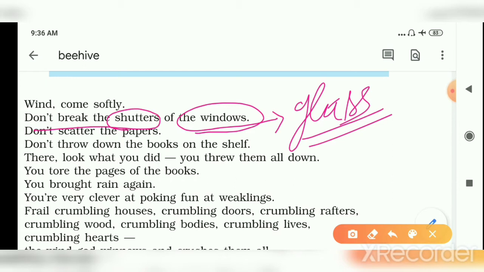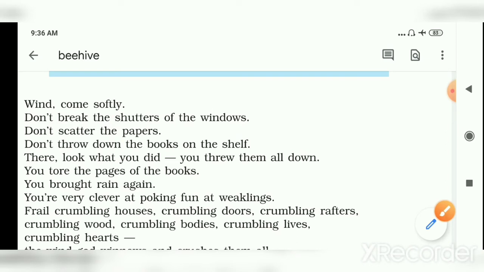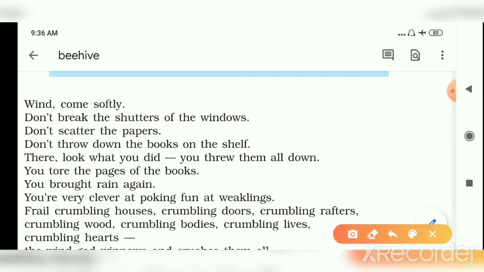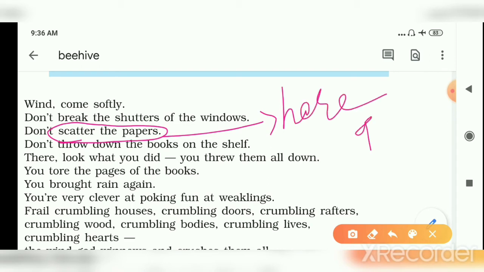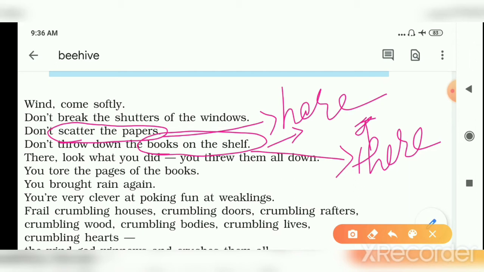Apart from that, don't scatter the papers. Throwing papers here and there, that is scattered papers. Don't throw down books which were there on the shelf here and there.